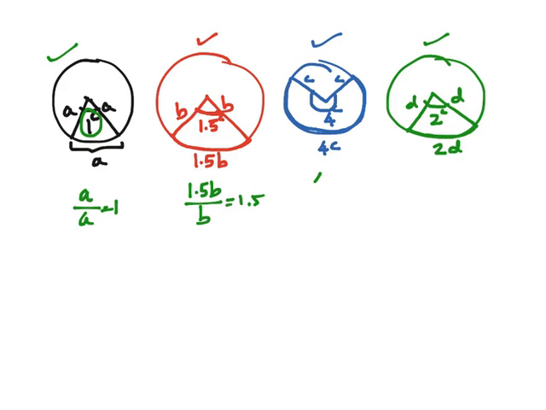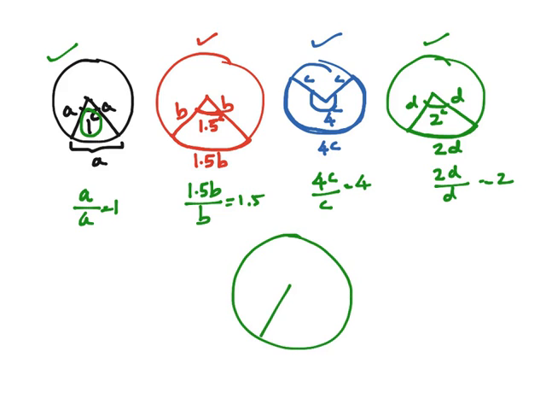Here the arc length 4c divided by the radius c gives you 4. And here the arc length 2d divided by d gives you 2.